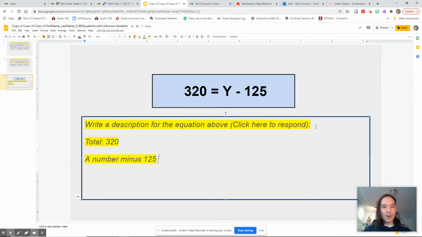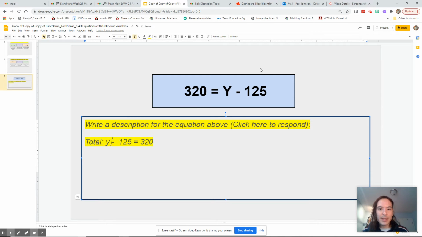So a number minus 125 equals 320. Instead of saying a number minus, let's use theirs, y minus 125 equals 320.